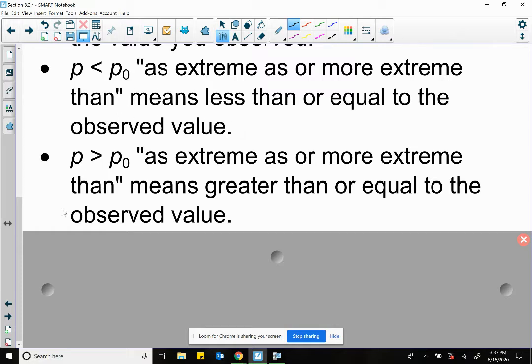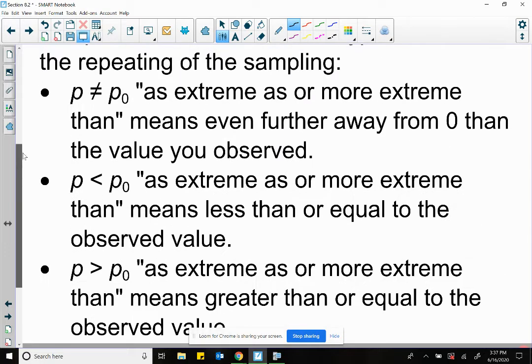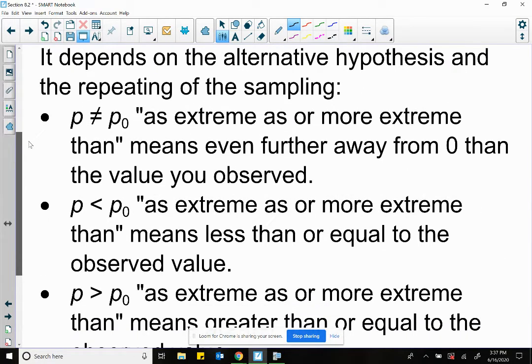That's what this means. If we're doing the greater than, then that means we will recognize 13 or more if we repeat it. Okay? So that's what we mean by as extreme as or more extreme than.